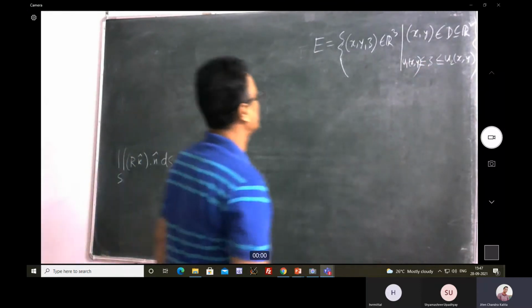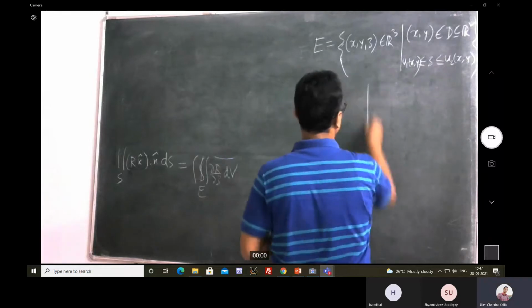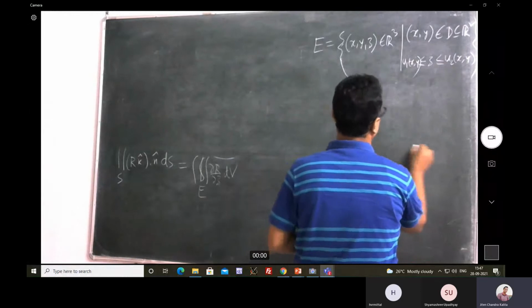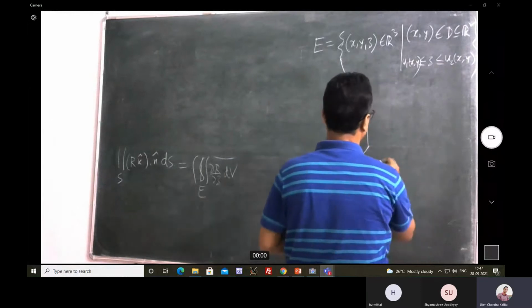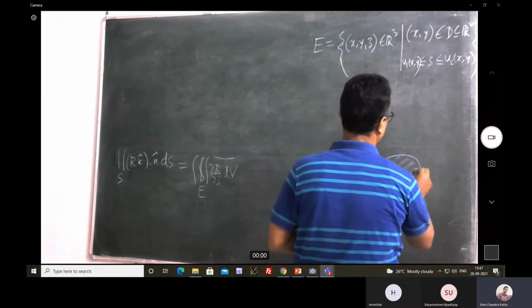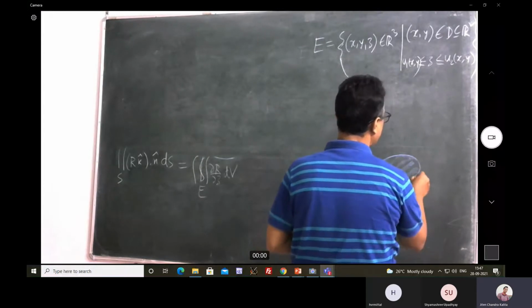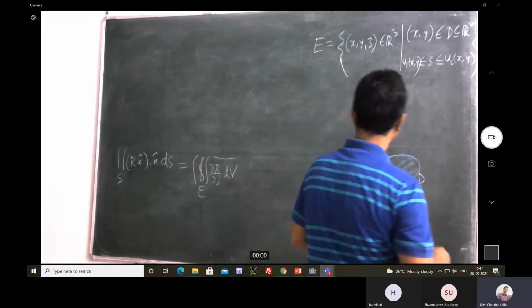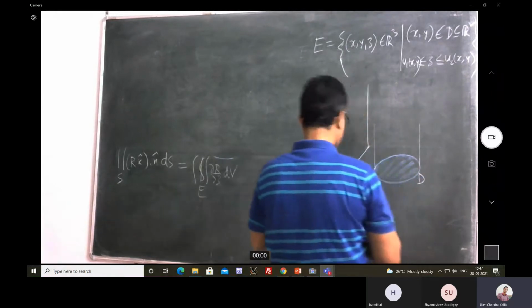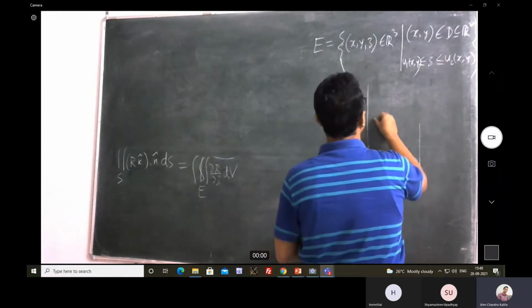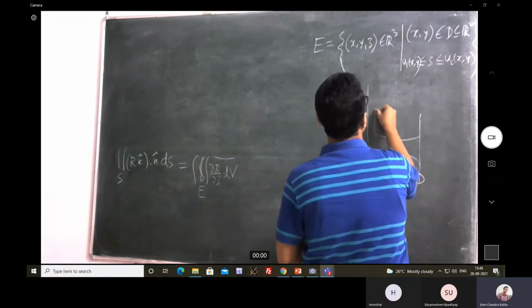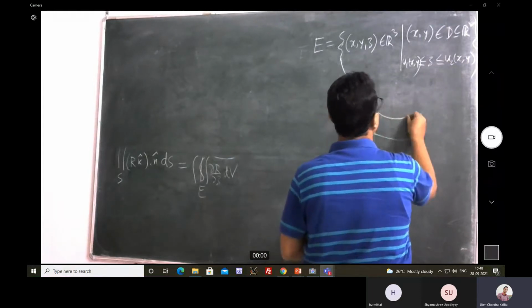Okay, so let us try to draw this. Suppose this is D, and then suppose this is your region.